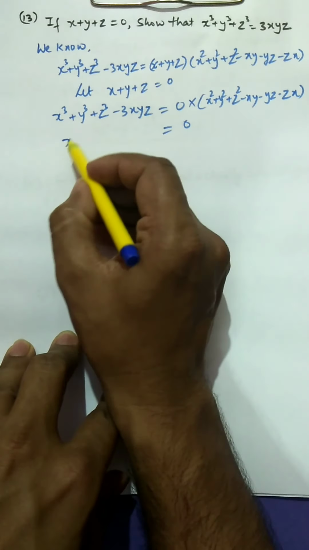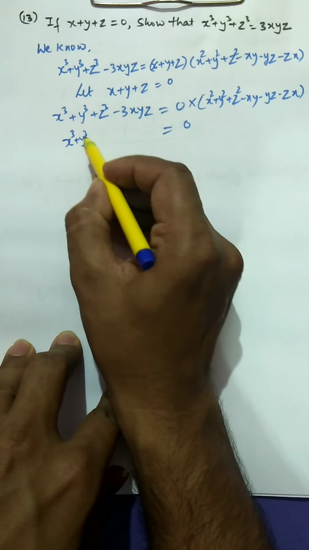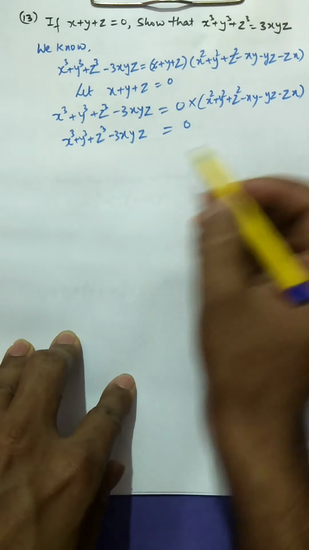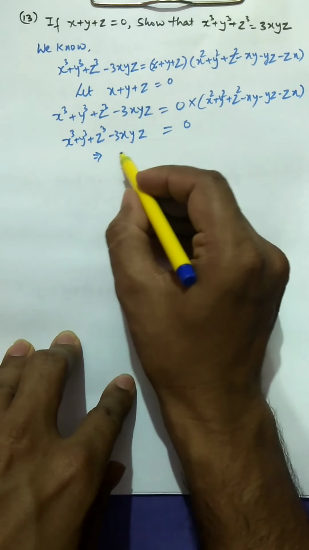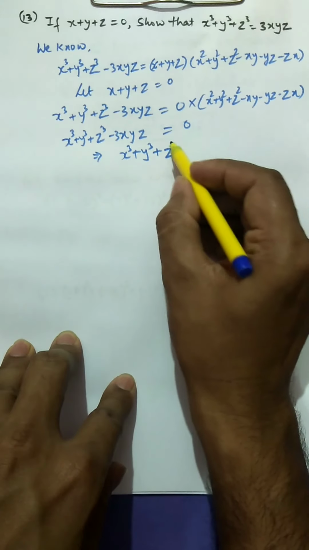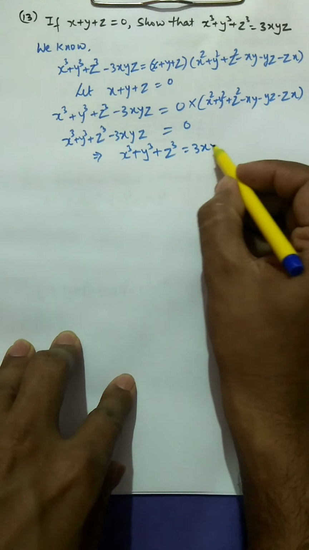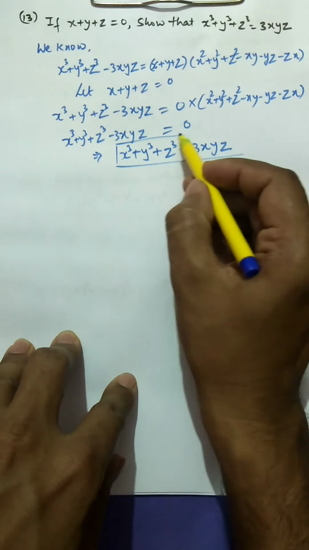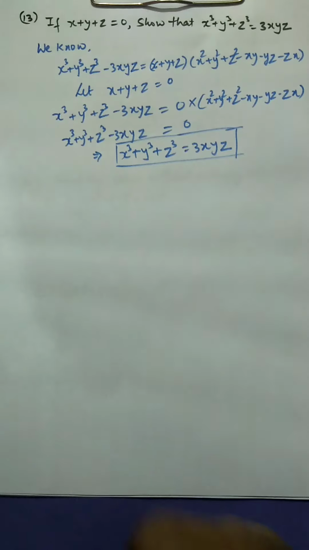So ultimately your result is coming that x cube plus y cube plus z cube minus 3xyz is equal to 0. So lastly you can say this x cube plus y cube plus z cube equal to 3xyz. So this is very important result, and this result is there when you have x plus y plus z equal to 0. We'll see some use of this result in next question.